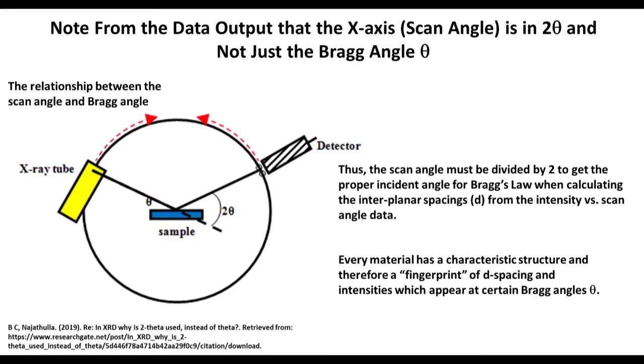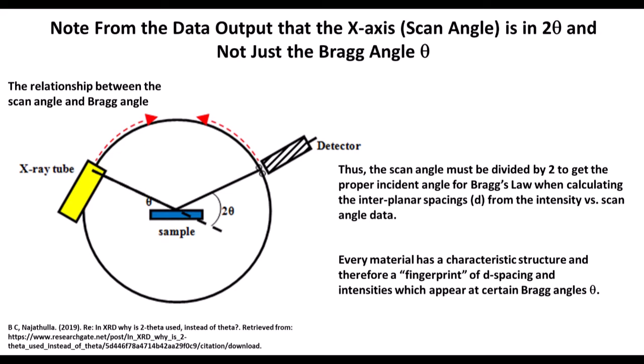So when we collect the X-ray scattering data for the detector, we measure the peak intensity of the X-ray scattering out of the sample, diffracting to the detector. Since the detector is moving along an axis that's equivalent to 2 theta, we will plot the data as X-ray intensity on the y-axis and the detector position 2 theta on the x-axis.